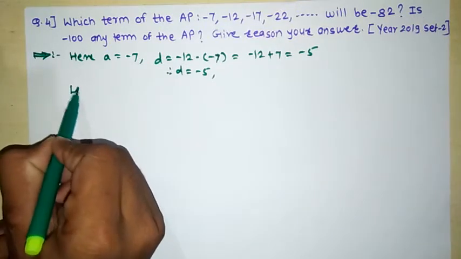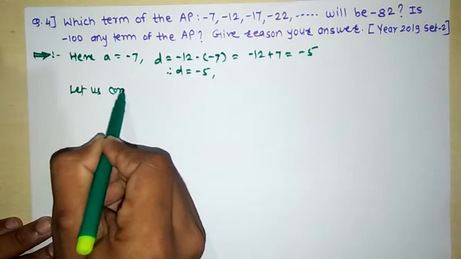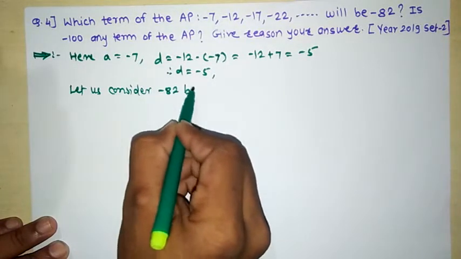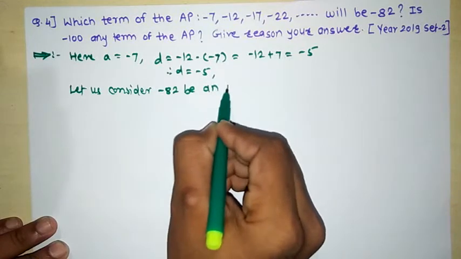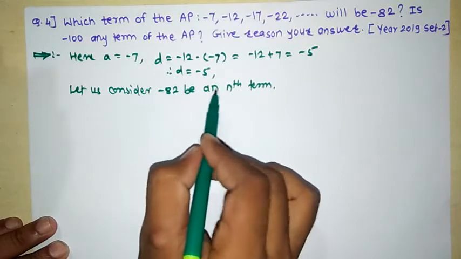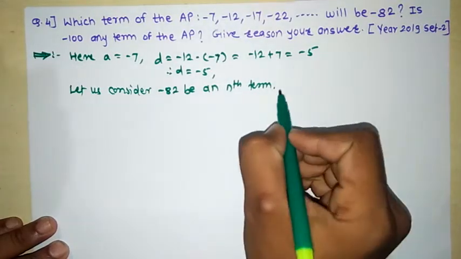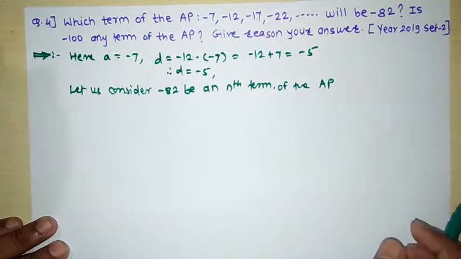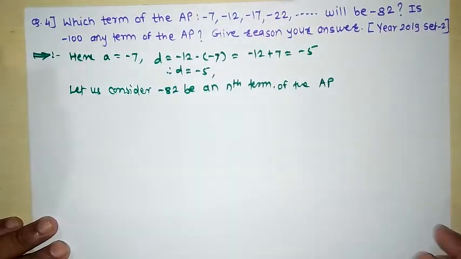Let us consider minus 82 be the nth term of the AP.